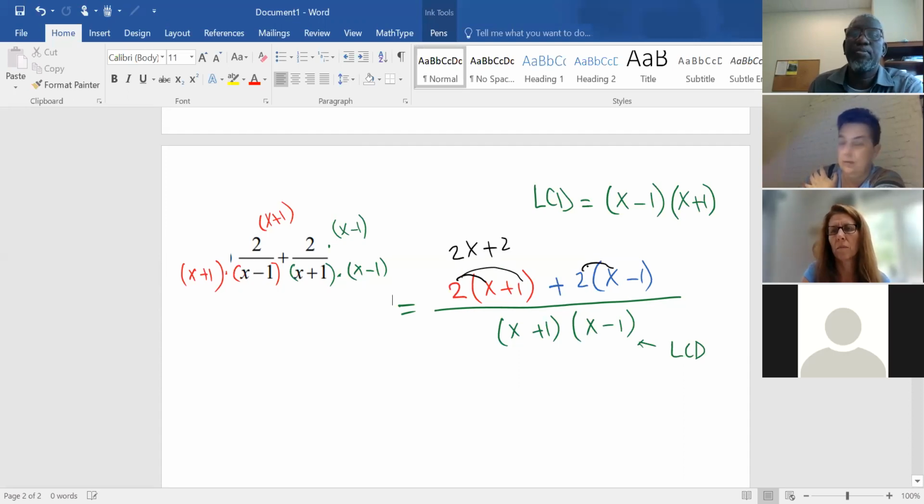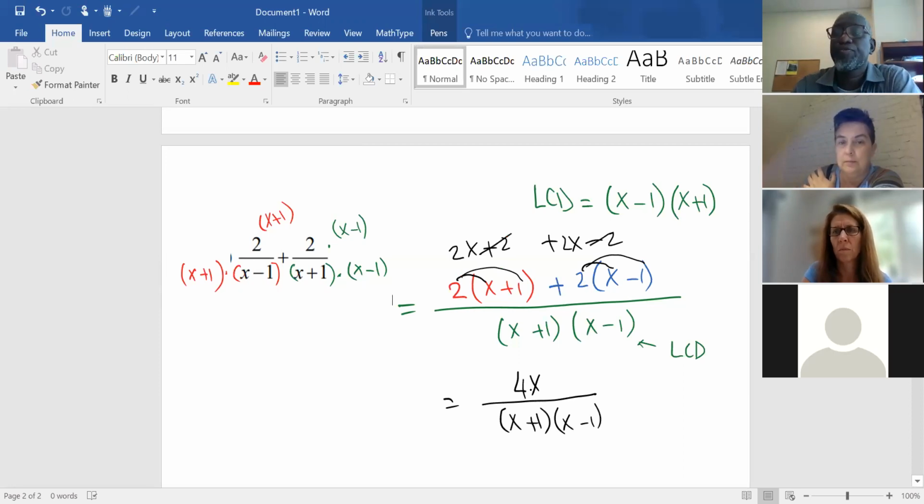This is 2x minus 2. And these two cancel out. So we get 4x over x plus 1, x minus 1. All right. So that is how we treat an example like that.